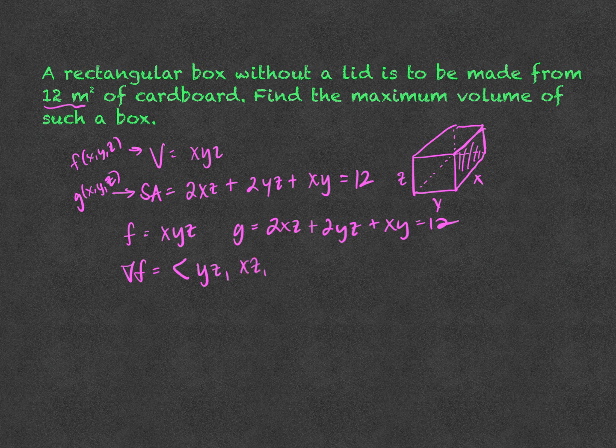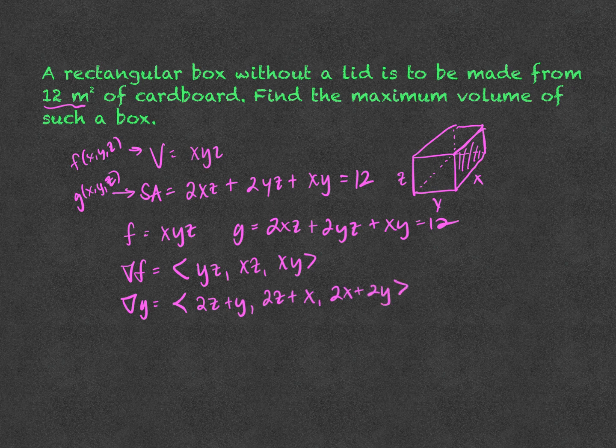With respect to z, I get xy. Now let's look at the gradient of g. The derivative with respect to x is 2z plus y. With respect to y, it is 2z plus x. And with respect to z, it is 2x plus 2y.